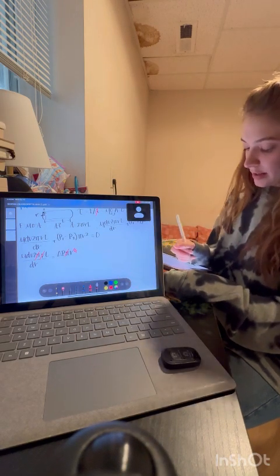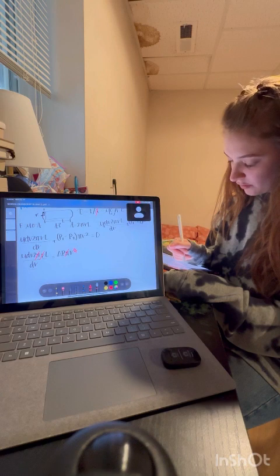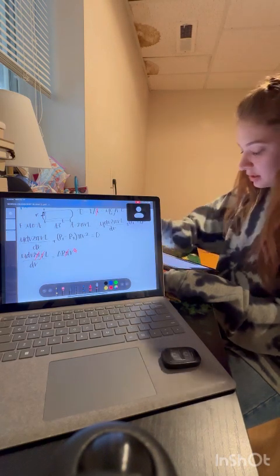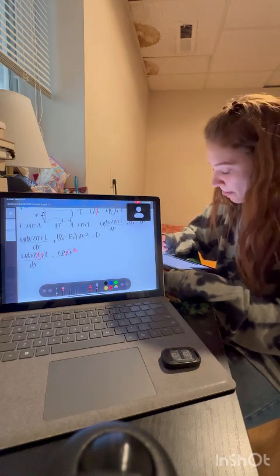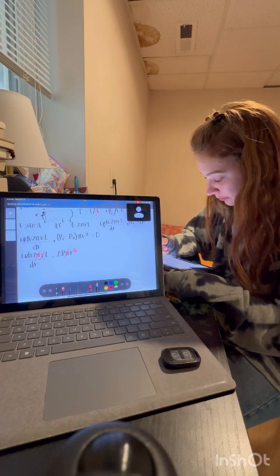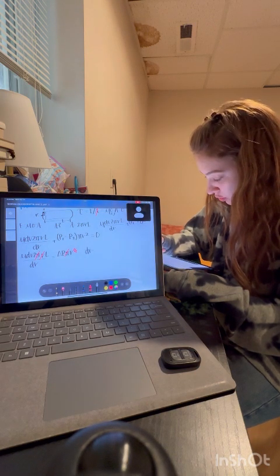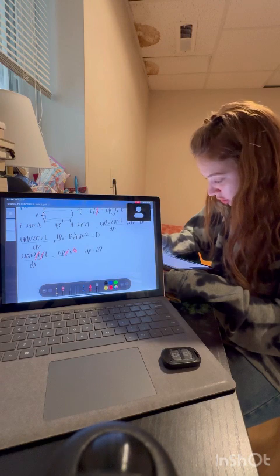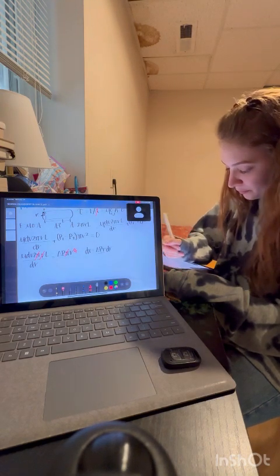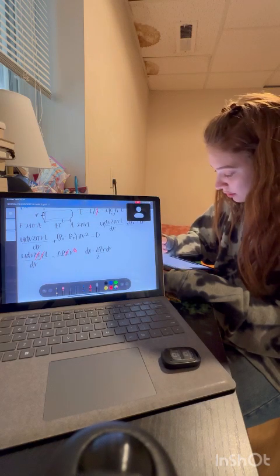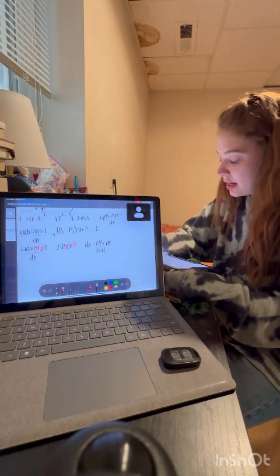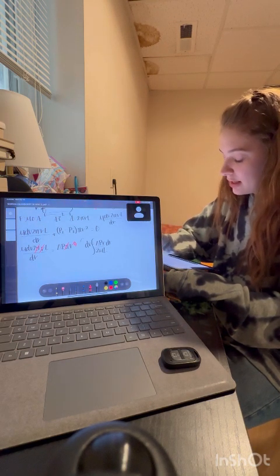Then we rearrange to get dv alone so we can integrate both sides. dv is equal to change in P times r dr over 2 mu L.